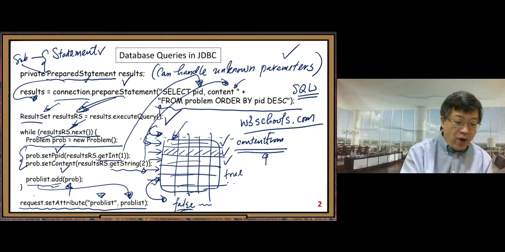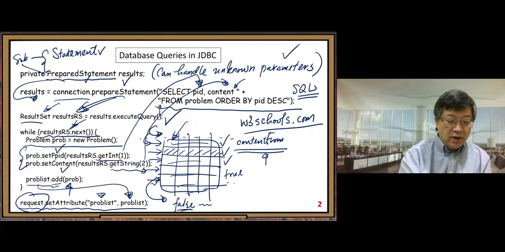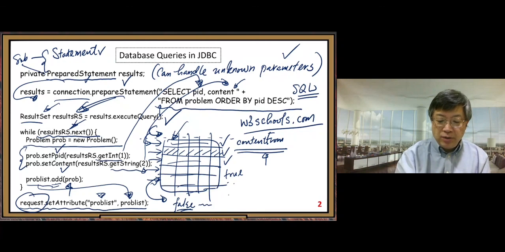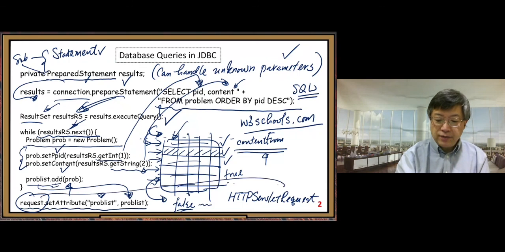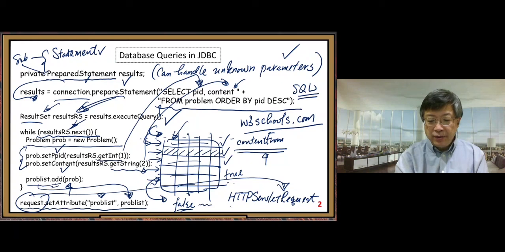In your servlet, this request is the HttpServletRequest object reference. In your doGet or doPost method, you will get that object from there.